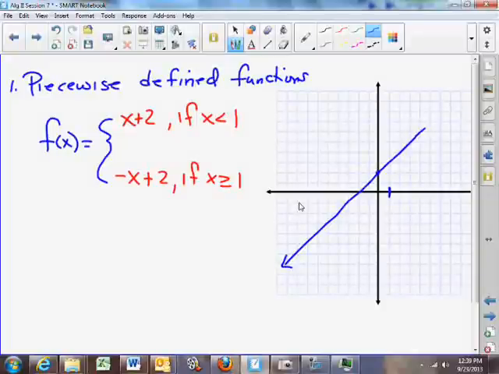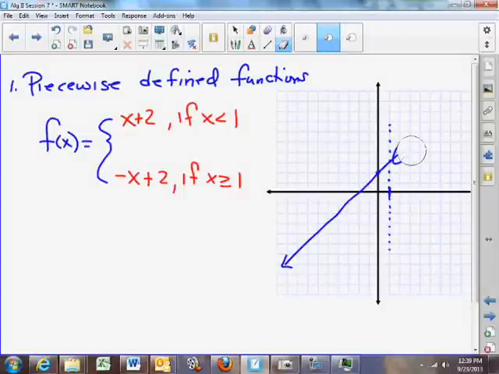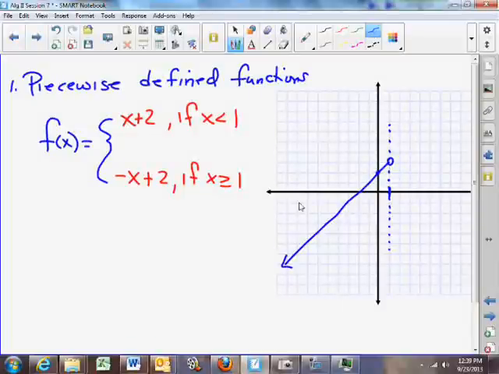We can't use x plus 2 past x equal to 1, so we can't use this part of the graph. We draw the graph only over to where x is 1. When x is 1, we're not going to be using this rule because the rule only works when x is less than 1, so we put an open circle on this end right here. This would be the first part of this piecewise defined function.